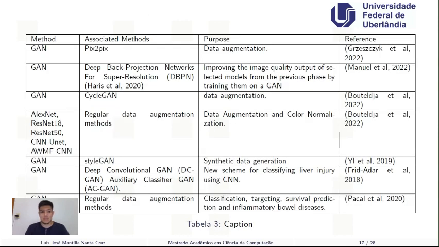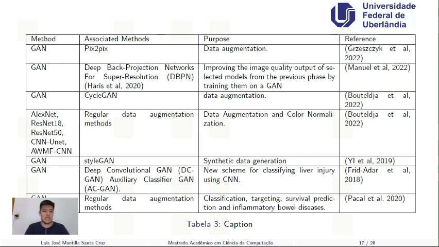Well, in table 1, we can see a small summary of the techniques that are usually used to improve the GAN's quality. For example, we have Pix2Pix, an artificial intelligence architecture. The proposal is basically data augmentation. In another way, we have the deep back-projection network for super resolution, or DBPN, basically to improve the quality of the images generated by the GANs.